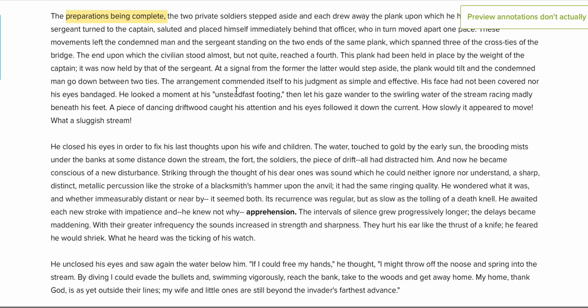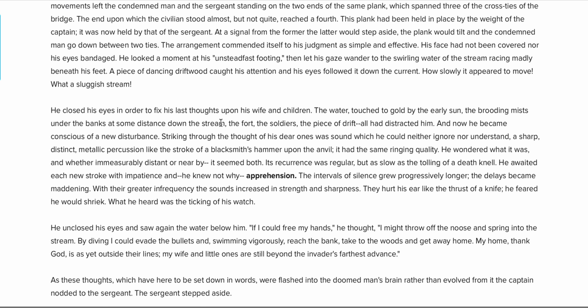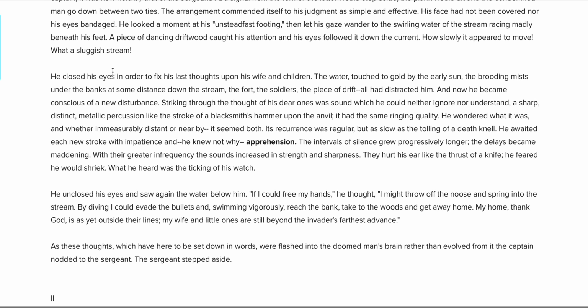And then they're waiting for the sign of the execution, in which one of the soldiers is going to raise his foot off the log, and then he's going to be hanged. Now we see the man closing his eyes in that scene in order to fix his last thoughts upon his wife and children.